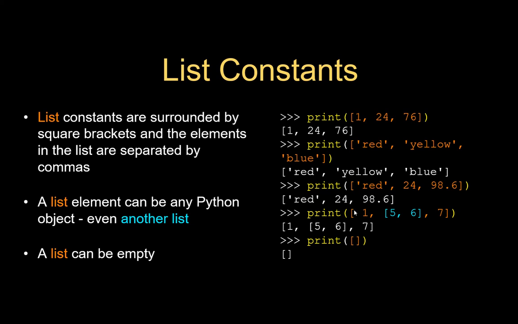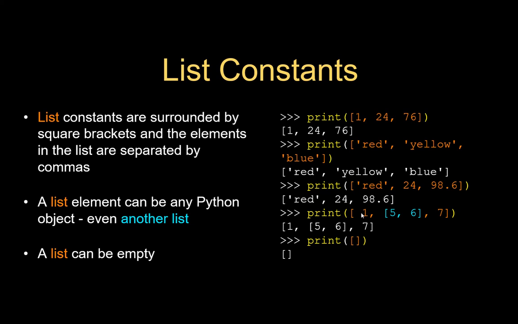A list can also be a combination of strings, integers and floating point numbers. In this case we have red, 24, and 98.6. This is going to be our list. We can also have another list within a parent list.